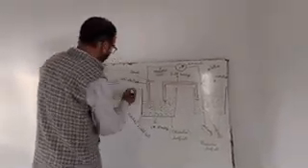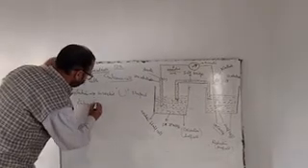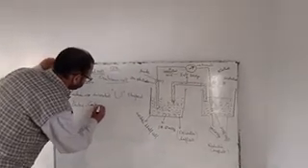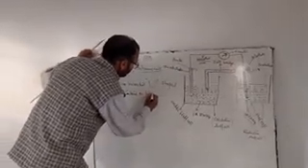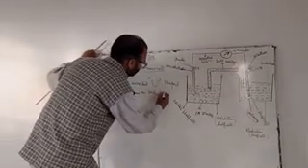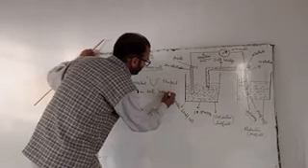This inverted U-shaped tube contains an electrolyte like KCl, KNO3 or NH4NO3.